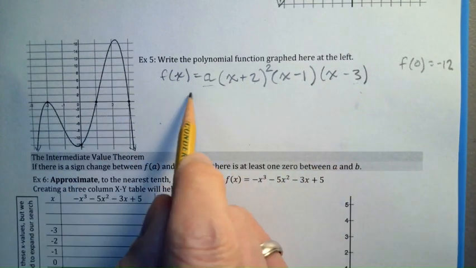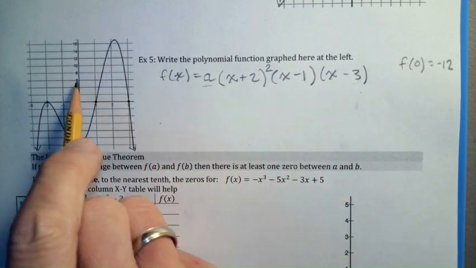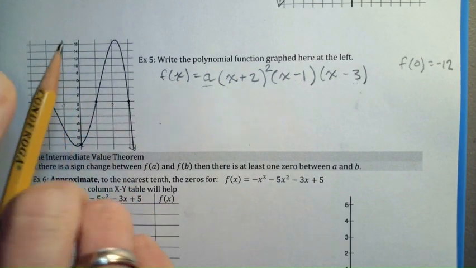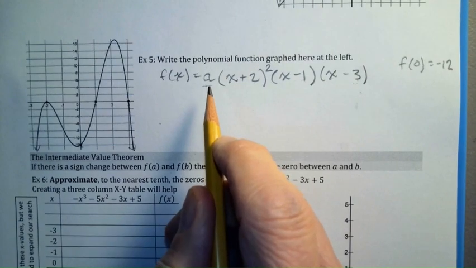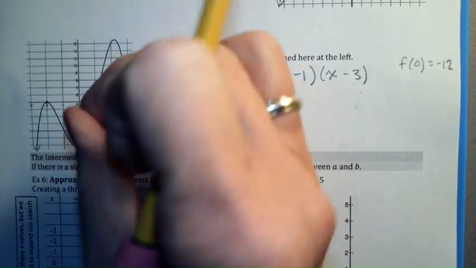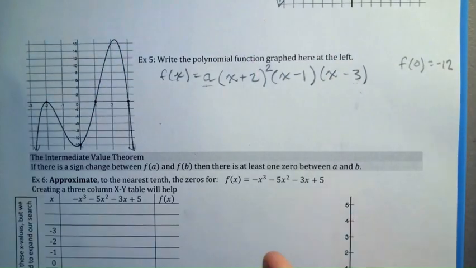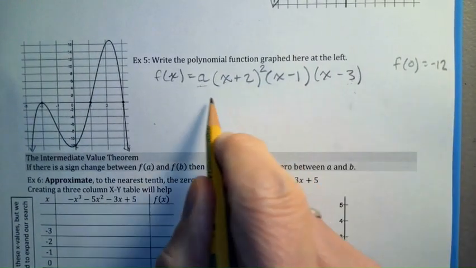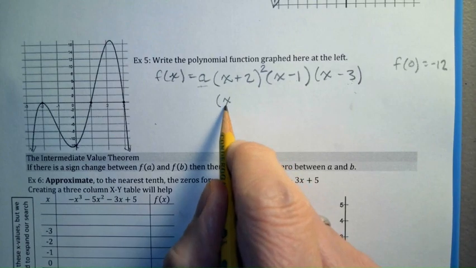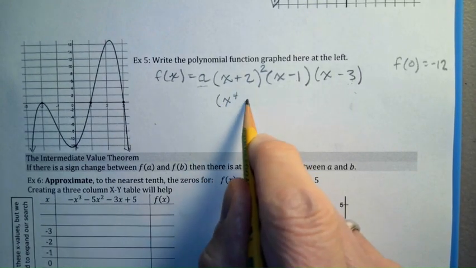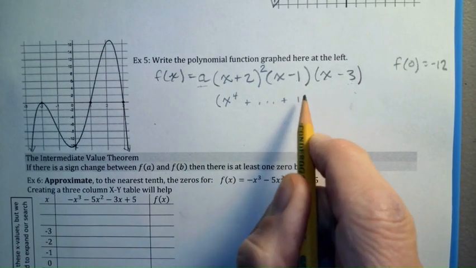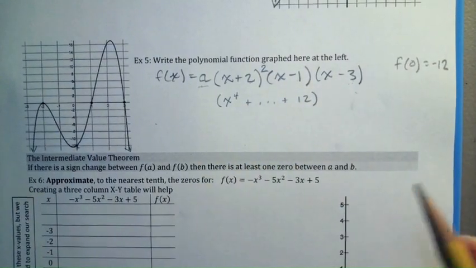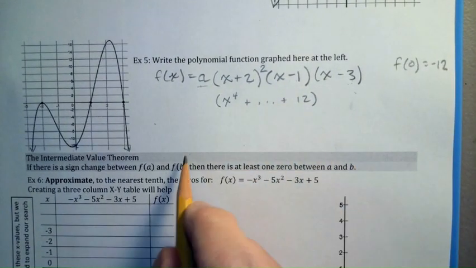So without doing any kind of switching around, I would be crossing up here at 6, and clearly mine doesn't do that. So we need this A. This A we know is going to be negative, but it's also going to have to stretch this thing in the y direction some. So if we were to FOIL all this out, we know we would have x to the 4th, and then stuff in between, and then we'd end up with a 12 at the end, right? We needed this to be the case.